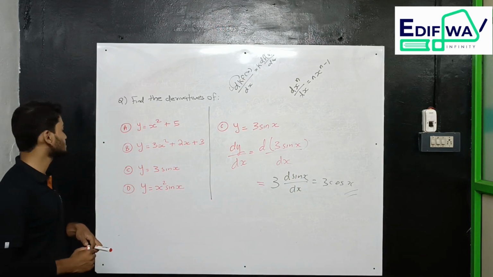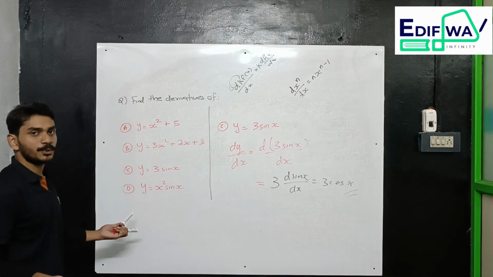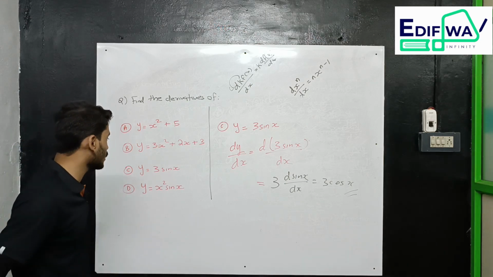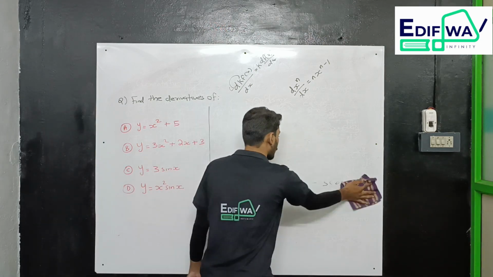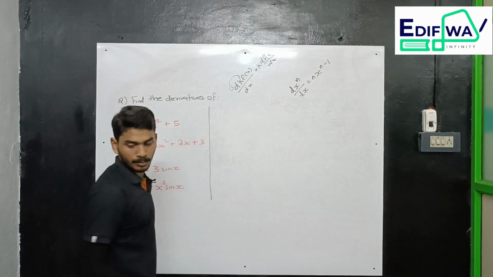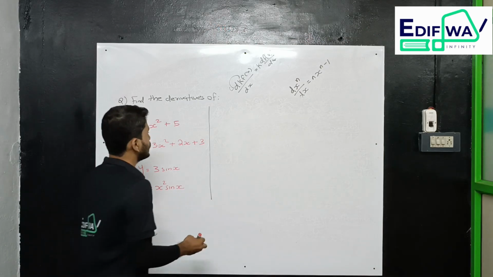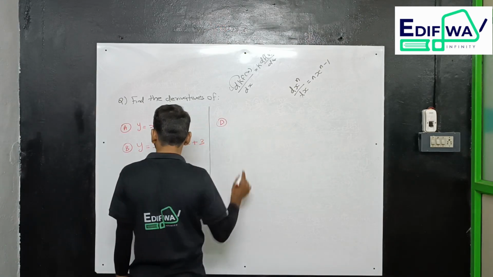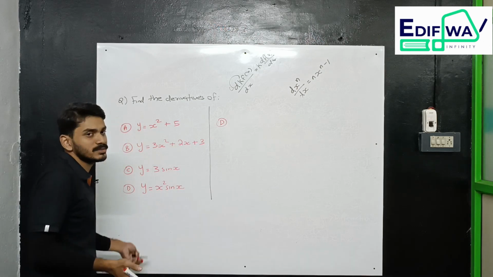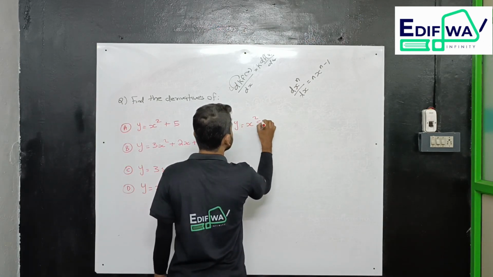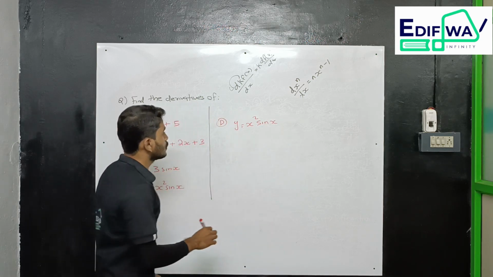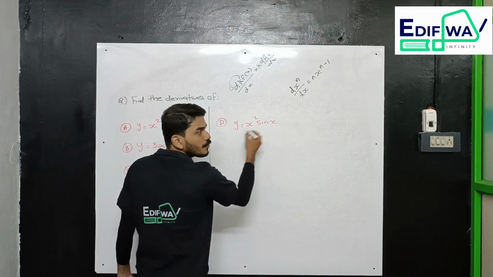You understand that? What about D question? This is something a little different. Okay. So we'll go for D question. With D question it is finished, right? So very simple. D question. y is equal to x square sin x. This is a product of two functions.